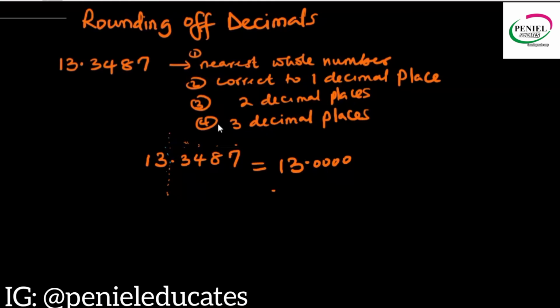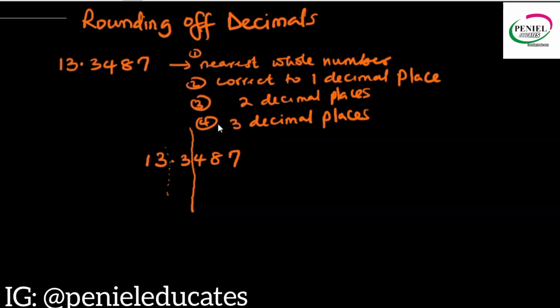So now let us convert this to 1 decimal place. And like I said before, this is the 1 decimal place. This is 13.3. This particular one is the first decimal place. So you draw a line like this. Then we'll look at what I did the other time.